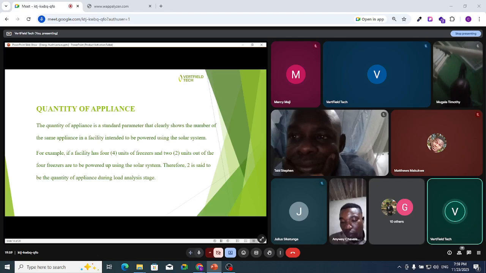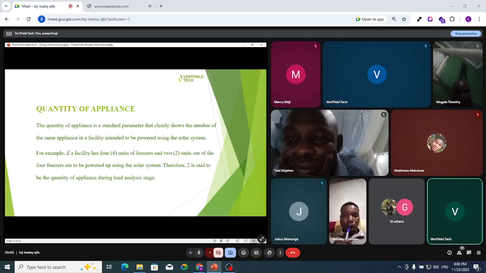On my screen, there's an example cited. It says if a facility has 4 units of freezers and 2 units out of the 4 are to be powered up using the solar system, therefore 2 is the quantity of appliance during the load analysis stage. Mr. Steven may have 4 freezers in his facility but want to power only 2 with the solar system.